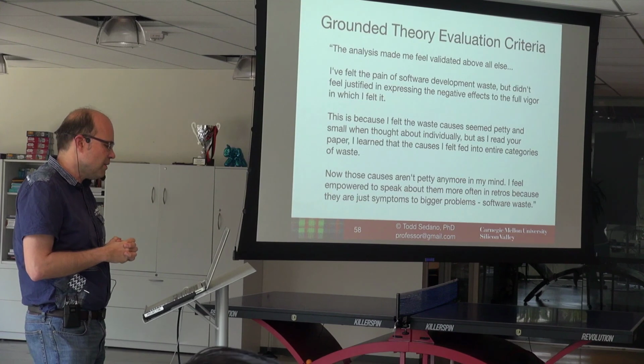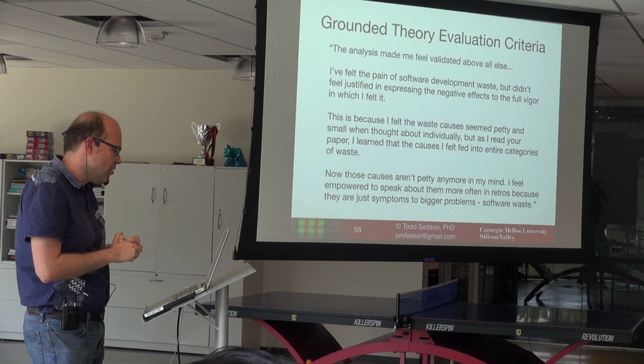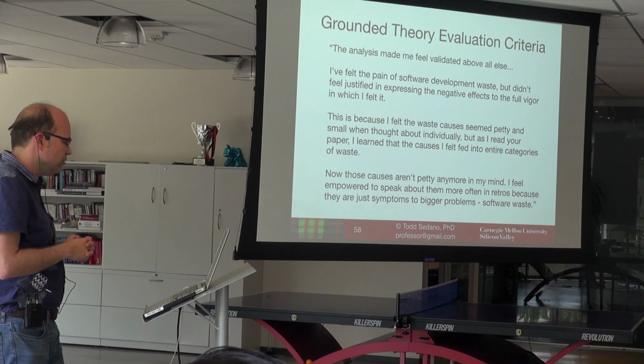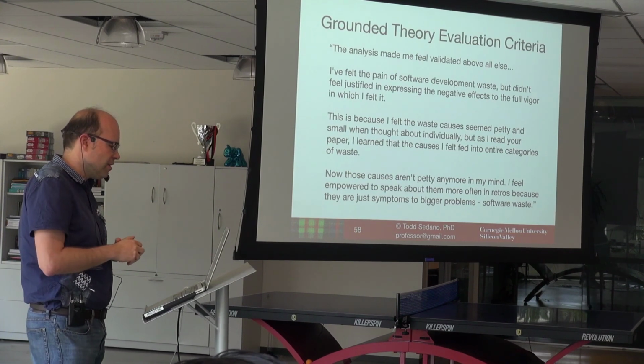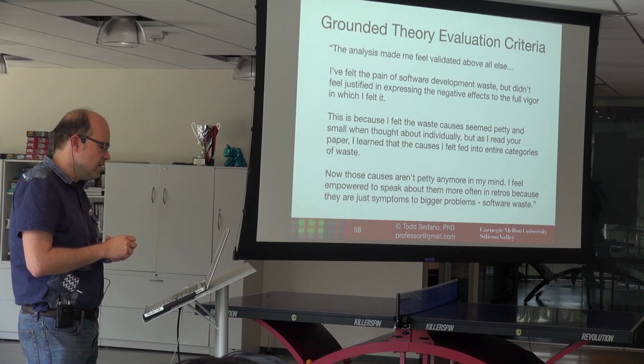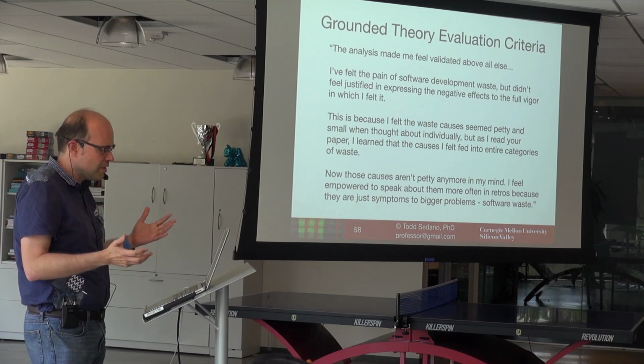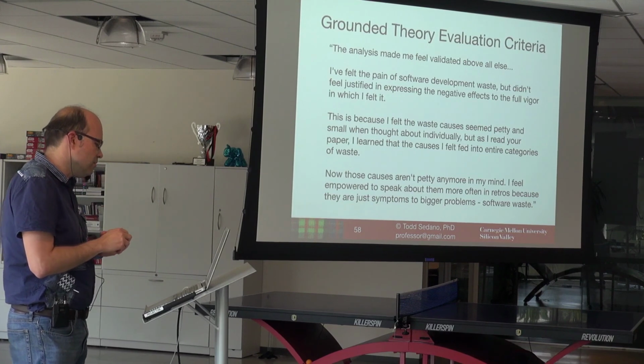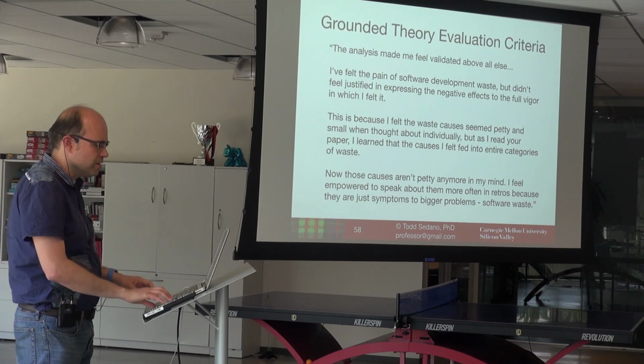This is because the waste causes seemed petty and small when thought about individually, but as I read your paper, I learned that the causes I felt fed into entire categories of waste. Now these causes don't seem petty anymore in my mind. I feel empowered to speak about them, often in retros, because they are just symptoms of bigger problems, software waste."